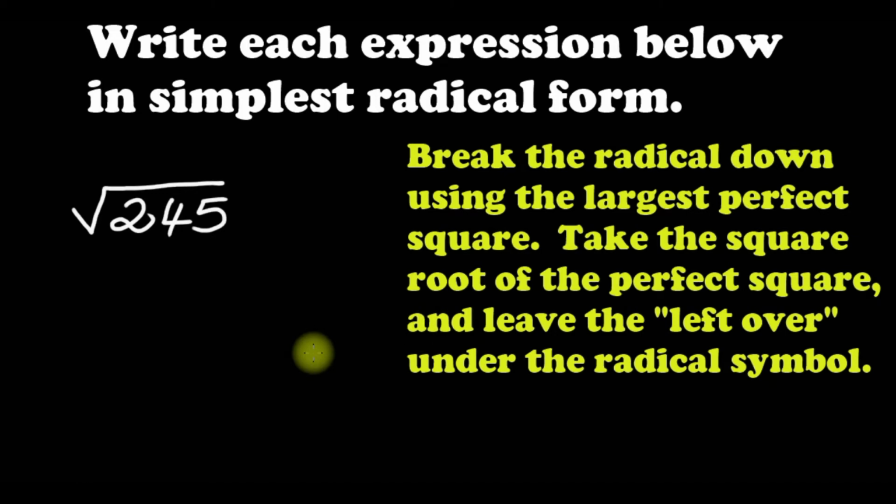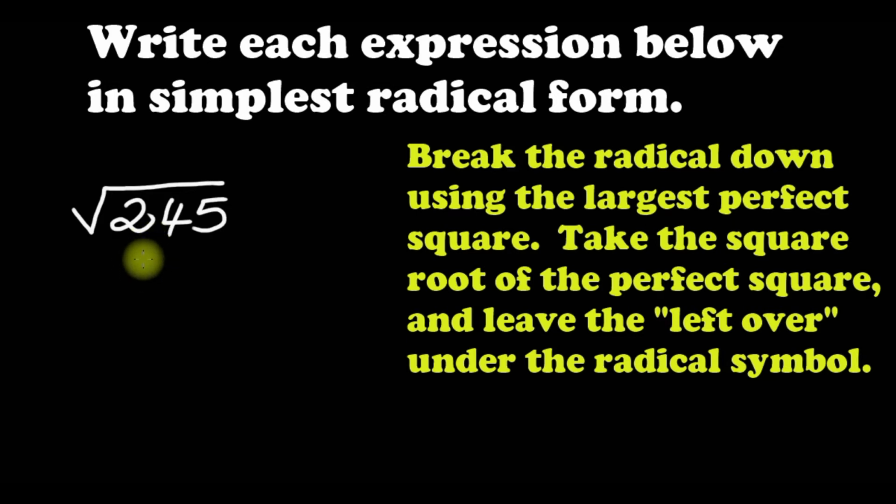In this case, it's square root. We want to use the largest perfect square to break up 245, because if you don't, then you will have to continue to simplify.